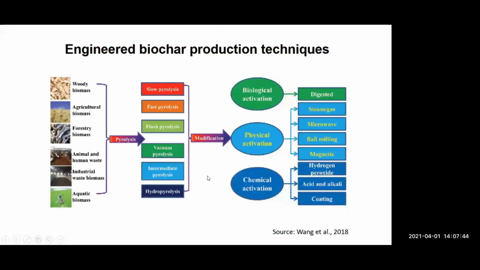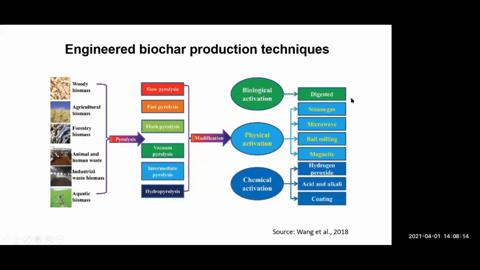Engineered biochar production techniques: as we all know, biochars can be produced from a large number of biomasses, such as woody biomass, agricultural biomass, forestry, animal residues, and industrial waste materials, through different pyrolysis techniques. These biochars can be modified or engineered through three main techniques: biological methods, physical methods, and chemical methods.